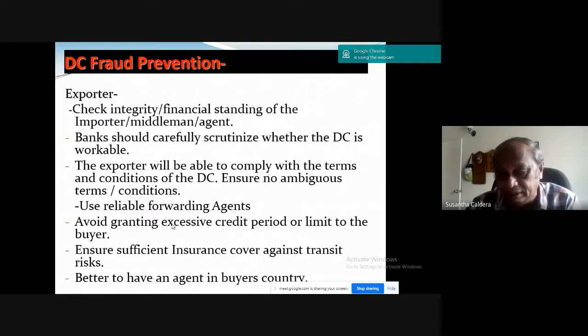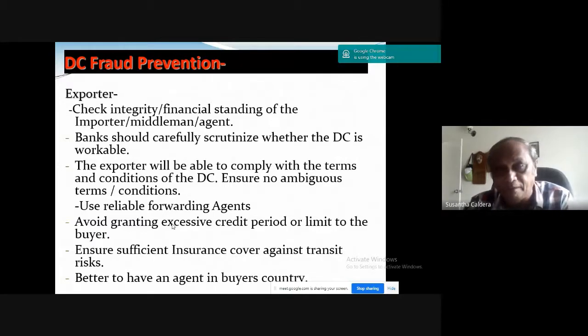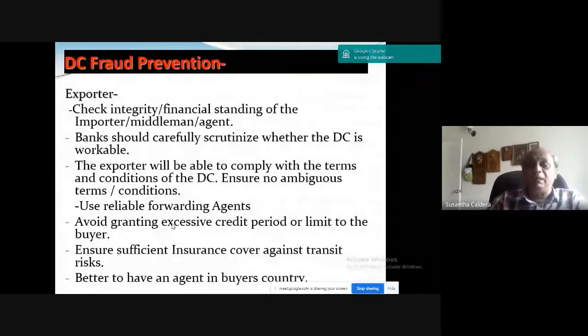The first one was from the importer's point of view. Now the exporter's point of view. Check the integrity and financial standing of the importer, middleman or agent, right? Then banks should carefully scrutinize whether the DC is workable.